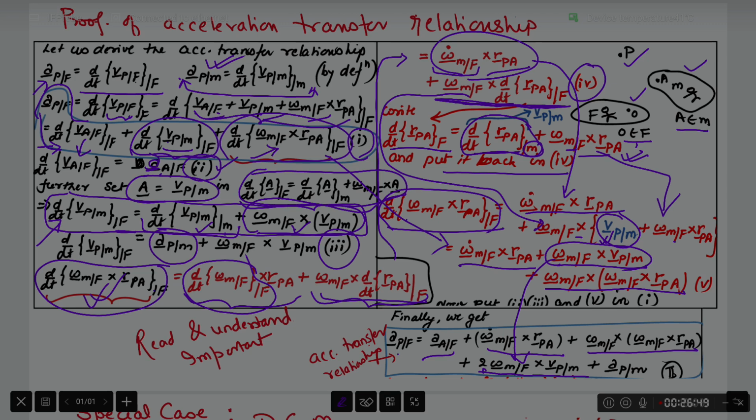But after we follow the methodology presented here and the dust settles down, you do get a relationship between APF and APM with 4 extra terms on the right hand side, and indeed that is what the acceleration transfer relationship is. So this one slide itself presents the full proof of this relationship.